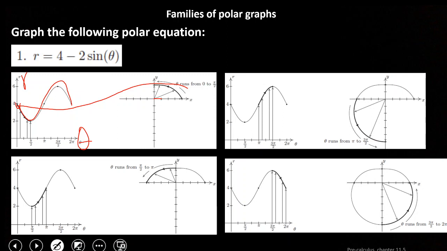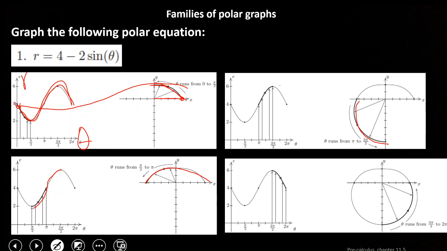So when theta is 0, r is 4. So that's the point right there. And then if you continue this way and get a bunch of points, you see the shape of this thing creating. First it's going to look like that. Then it's going to look like that when you continue this part. And then for this part, it's going to look like this.